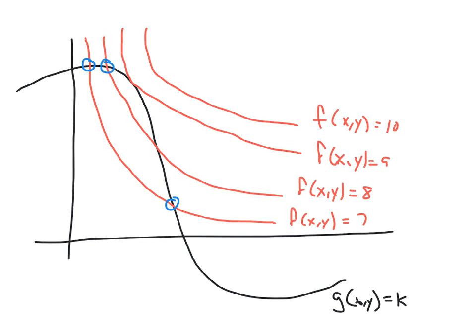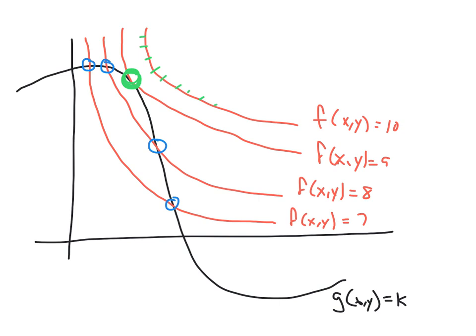And we know this point and this point have a function value of 8 because they're on the level curve equaling 8. And this point right here, I'm going to circle that in a different color, has a function value of 9 because it's on that level curve. And then there are no points on the level curve of 10.